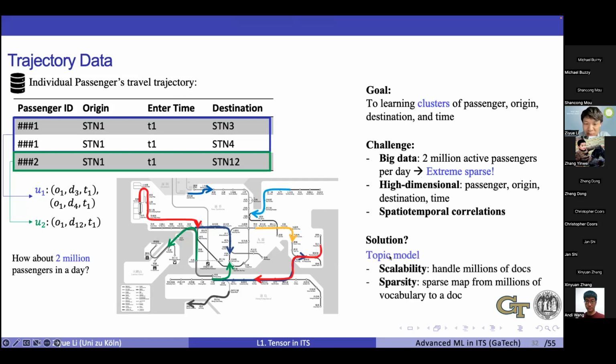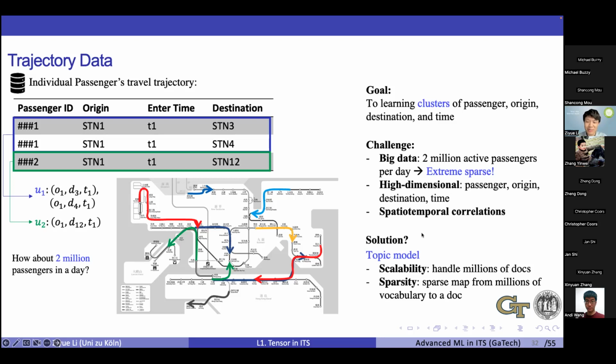We use the topic model from traditional NLP. Why? Because a topic model can handle millions of documents simultaneously. It has really strong scalability, and it can also handle sparse data. This is just our first guess.